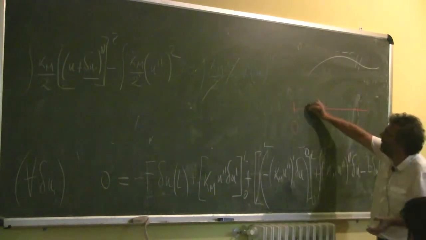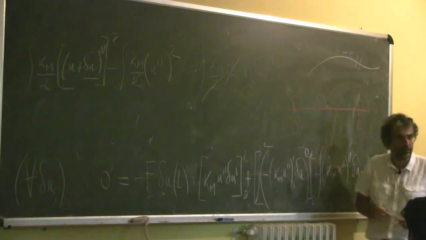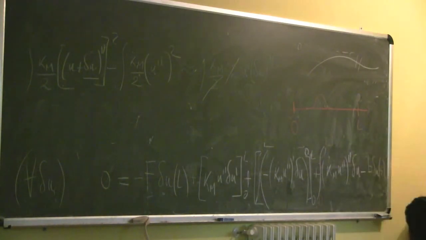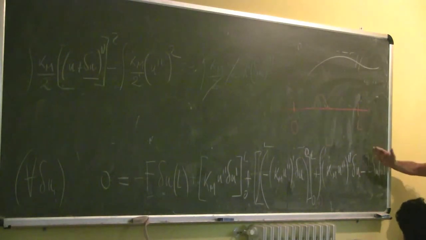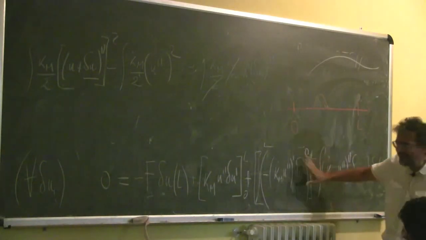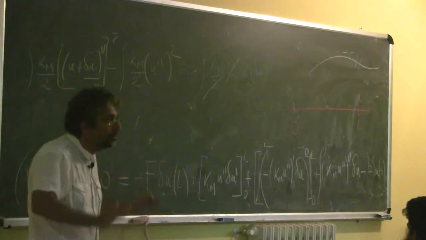Can I use a delta u like this? I start considering delta u, which is 0 with all its derivatives in 0, and 0 with all its derivatives in L. Why am I doing this? Because I want to get rid, for the moment, of these boundary terms.